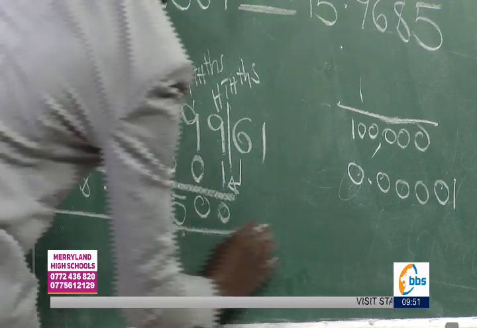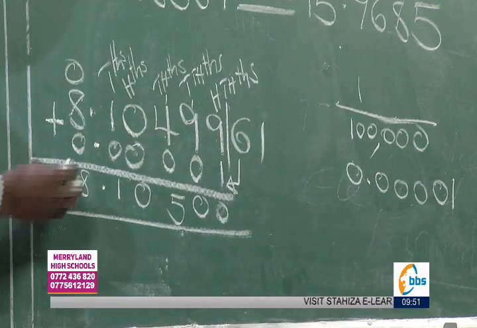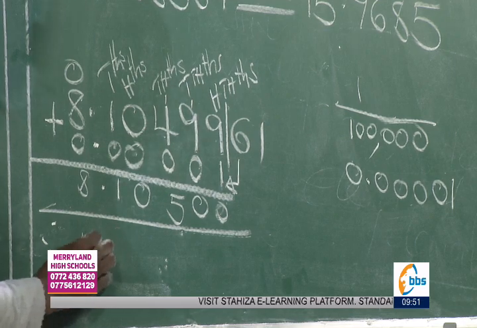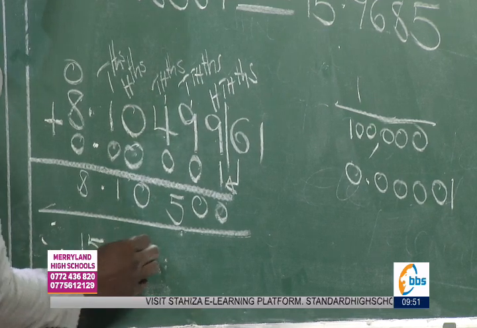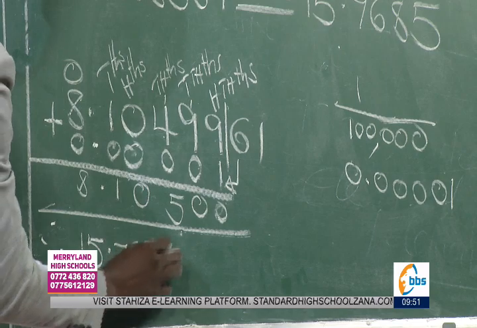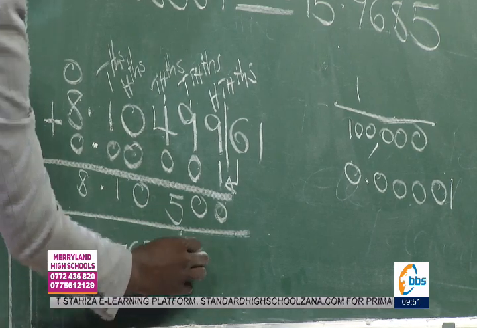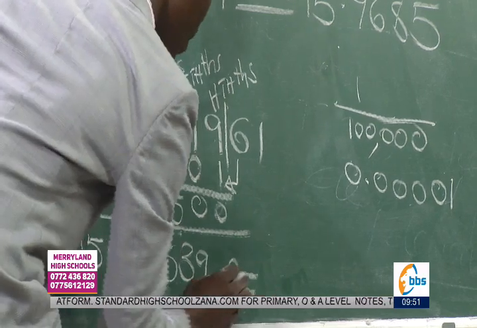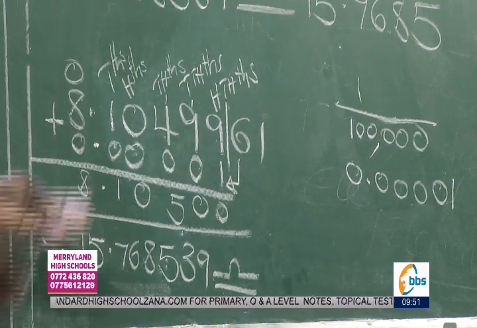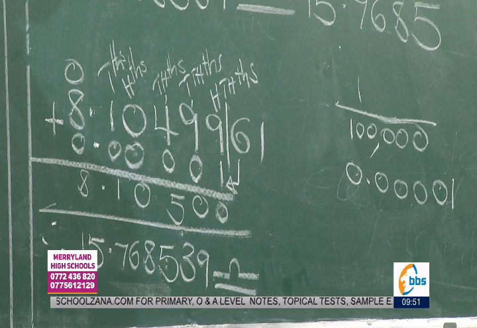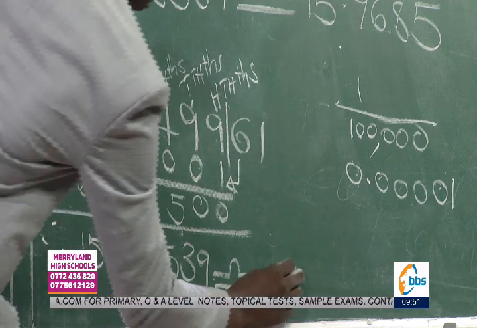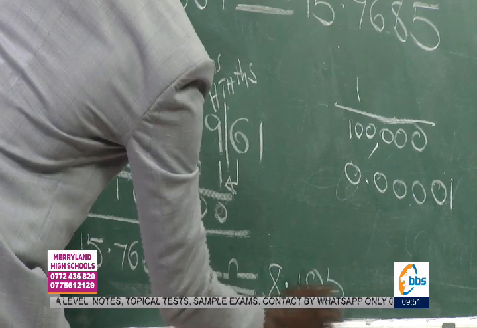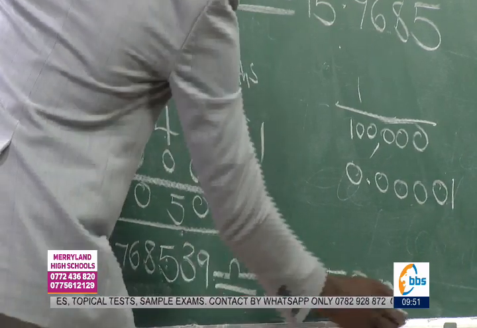I've summarized. You can now say therefore, 15.768539 is approximately, don't write equals. They are not equal. It is nearly, almost 8.10500.